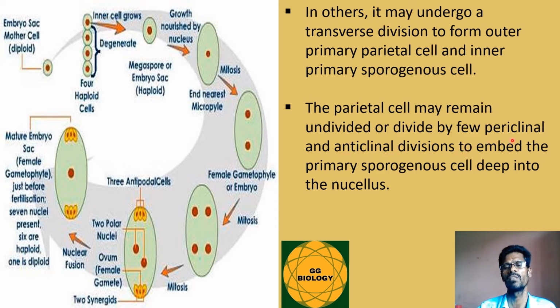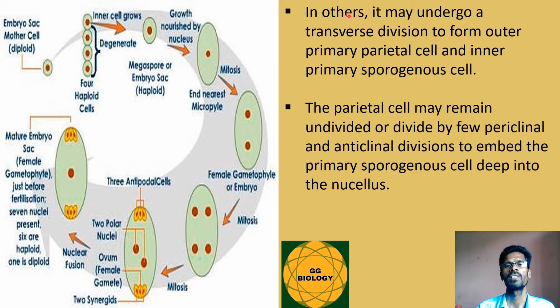The parietal cells may remain undivided or divide by a few periclinal and anticlinal divisions. Already we know, periclinal is when the cells divide parallel to the surface, and anticlinal is when the cells divide perpendicularly. This embeds the primary sporogenous cells deep into the nucellus.